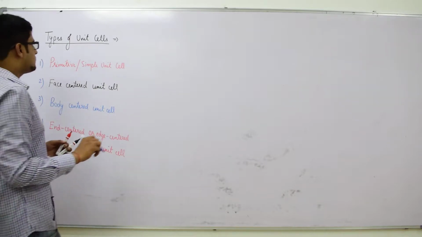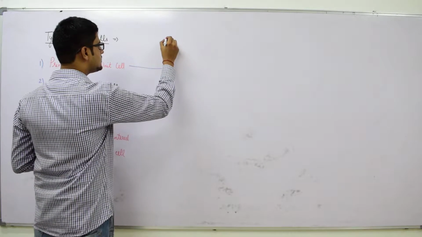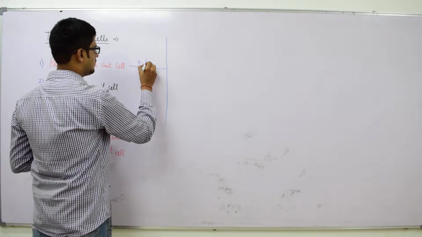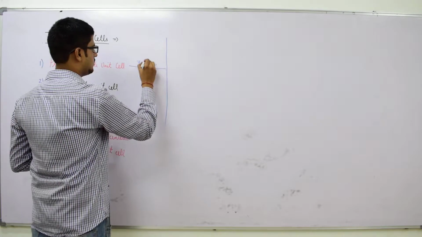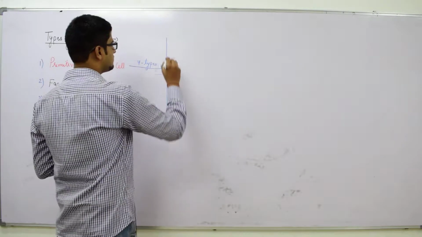These primitive unit cells can be further categorized into 7 types. So, let us define these 7 types.